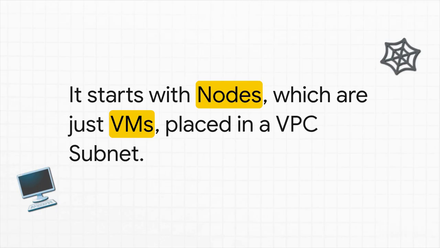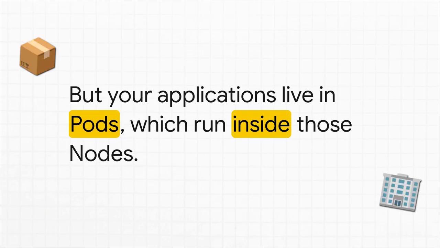They get placed into one of your VPC subnets, just like any other VM you'd create, and they get an IP address from that subnet's range. Simple as that. But here is the crucial part. Your applications, the containers themselves, don't run directly on those nodes. No, they run inside a core Kubernetes building block called a pod. So if the node is the apartment building, each pod is an individual apartment inside of it.